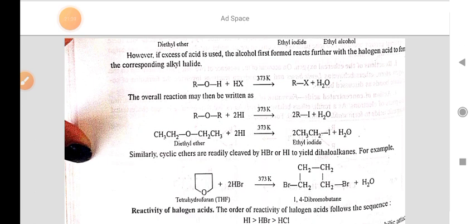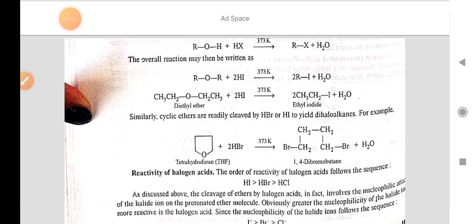However, if excess acid is used, the alcohol first formed reacts further with the halogen acid to form the corresponding alkyl halide. The overall reaction may be written as ROR plus 2HI gives 2RI plus H2O. Diethyl ether, on reaction with hydroiodic acid at 373 Kelvin, gives ethyl iodide and water.